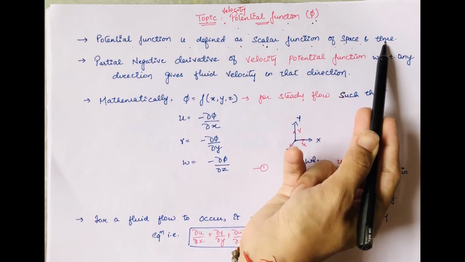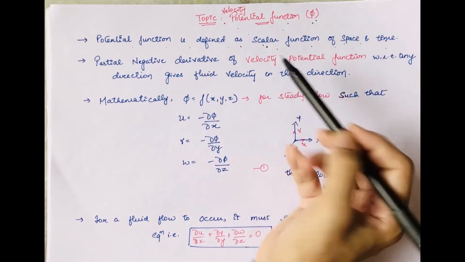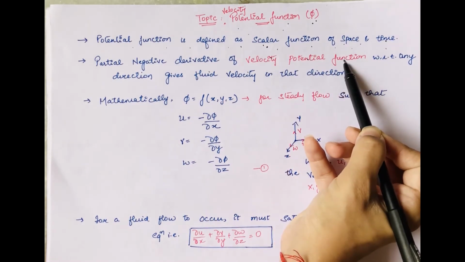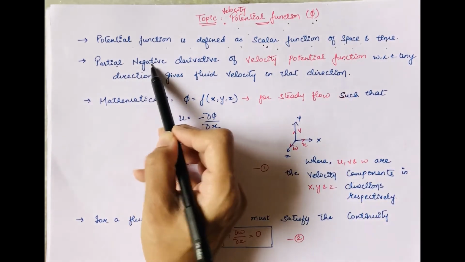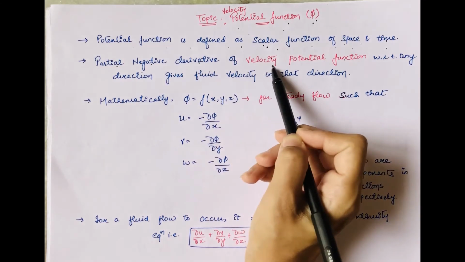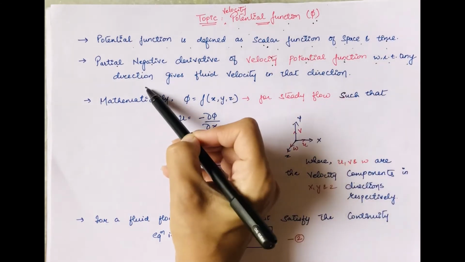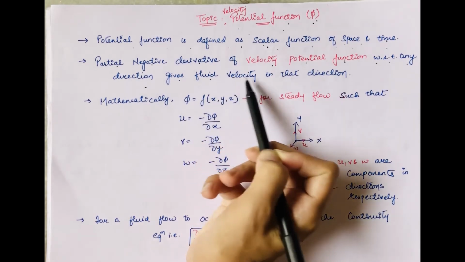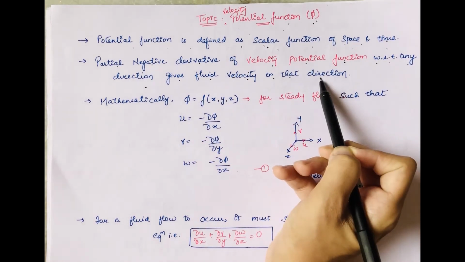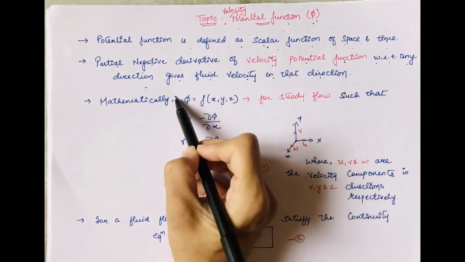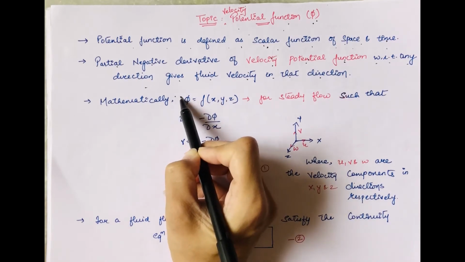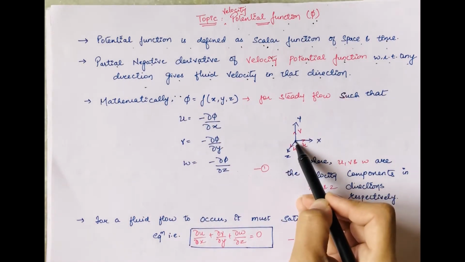Now as we defined the stream function, let us now define the velocity potential function. So the negative partial derivative of the velocity potential function with respect to any direction gives fluid velocity in that direction, and this velocity potential function is applicable to 3-dimensional flow.